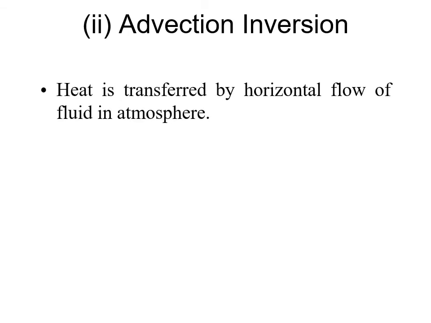Now the second process of surface inversion is known as advection inversion. In advection inversion, as we know, it is basically a density driven flow. Basically the movement of air occurs in a horizontal fashion.